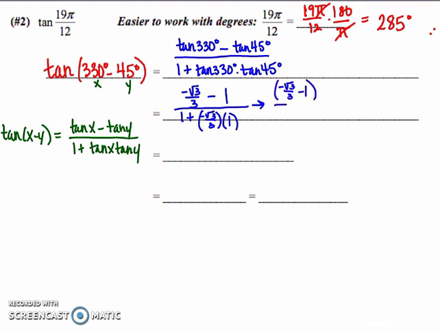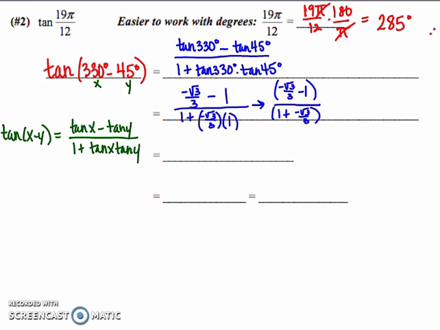That's my numerator. And then my denominator, I've got 1 plus, and then when I multiply here, I get negative square root of 3 over 3. Okay, so the next step is, obviously, I've got radicals in the denominator of my expression. Oh, that's just not going to work. So I am going to have to multiply top and bottom by the conjugate.